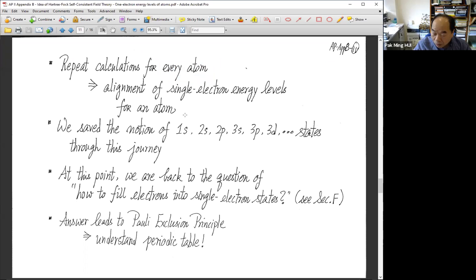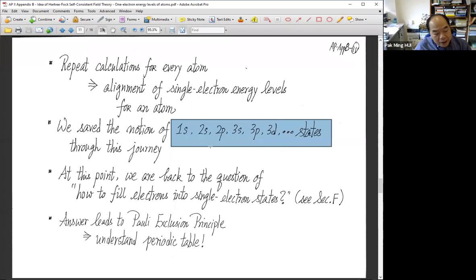But in doing so, we saved the idea of single electron atomic states. So somehow, even for helium, lithium, carbon, sodium, potassium, even to uranium, we can talk about 1s, 2s, 2p atomic states.